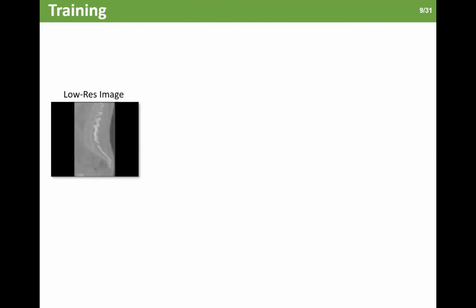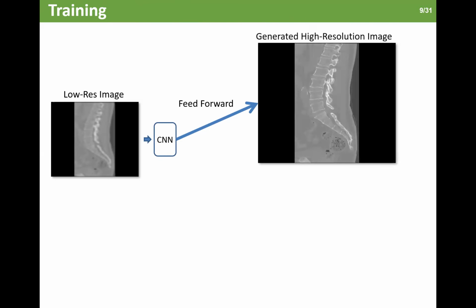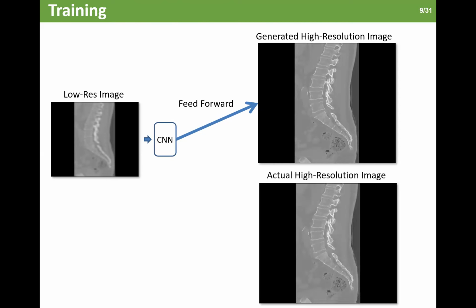So then we take the low res image that we generated and feed that into our network. This is called feed forward. The network will generate a high resolution image. But we have the high resolution image that we started with.